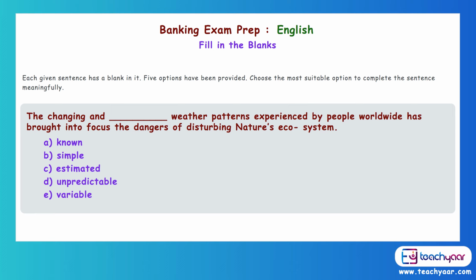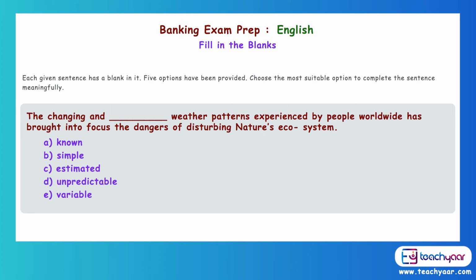So these are the options. So the changing and known. Once you are saying it's changing and then you are saying known weather patterns, that's not right. Simple weather patterns, well, if it is very simple, then it shouldn't cause a problem. So that's not right. The estimated weather patterns. So that means you are trying to say that weather patterns are changing, but it is estimated. So that also doesn't make sense.